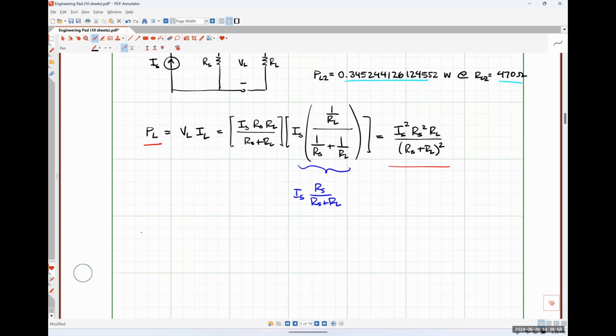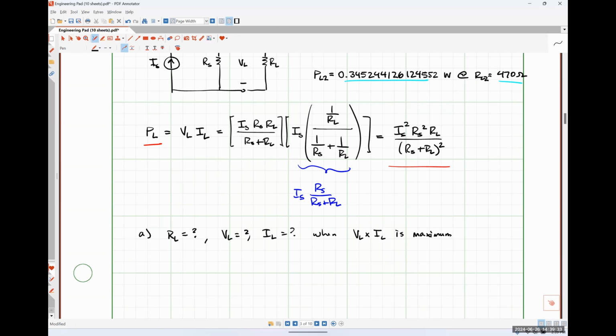So for part A, we want to know what RL is, what VL is, and what IL is when VL times IL is at its maximum.